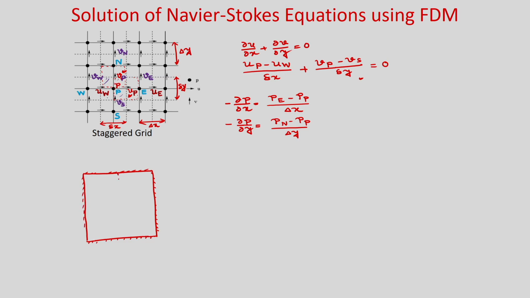This is the grid, let us say it is a uniform grid. Now, where you are solving the pressure, you are solving at these points.